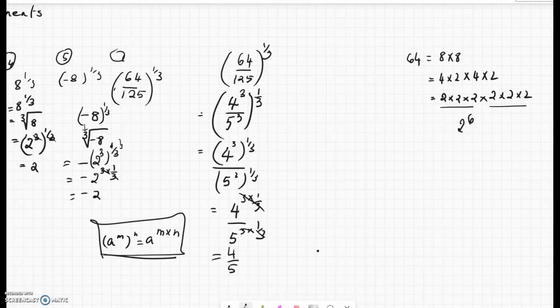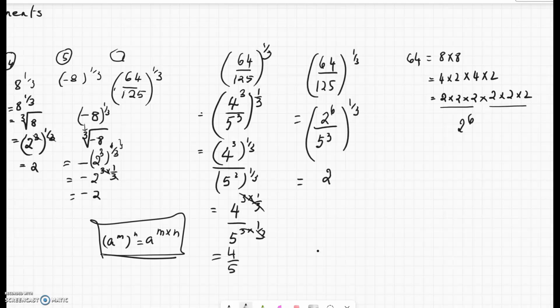Now let's redo this problem, just to see how it would look if I had broken down the 64 completely. So this would be 2 to the 6th, and 125, if you break it down, the prime factorization is 5 times 5 times 5, which is 5 cubed.